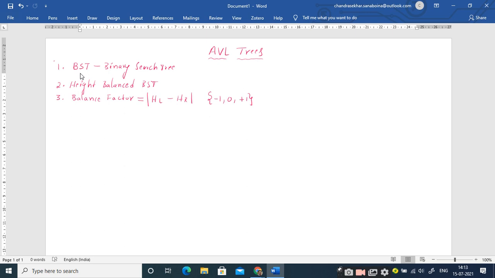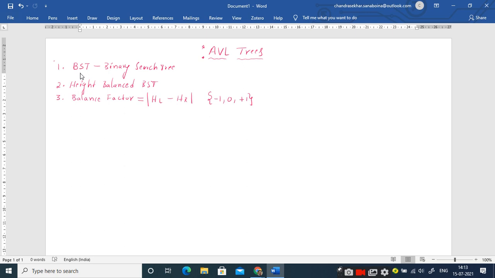We will apply the rebalancing mechanisms and we will try to keep the height of this particular BST minimized. So those rebalancing mechanisms are the rotations we will use for the AVL trees concept.